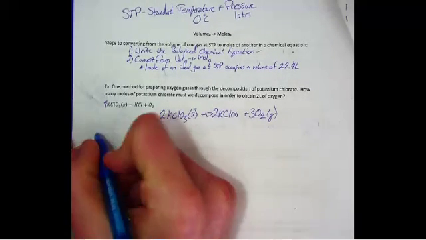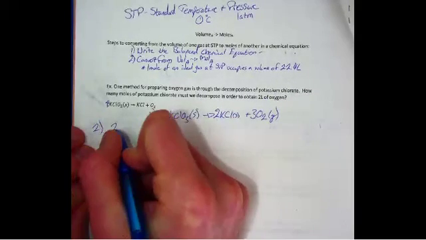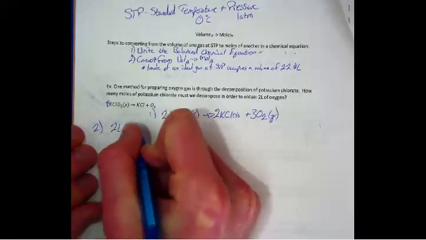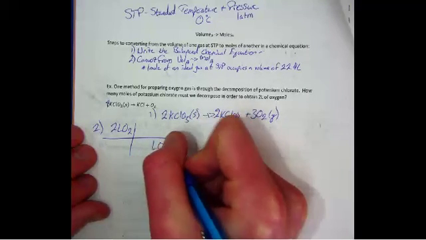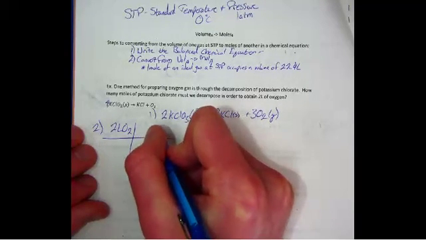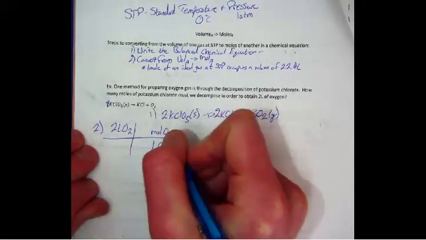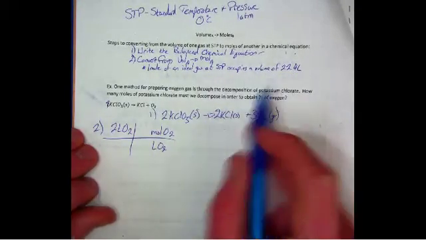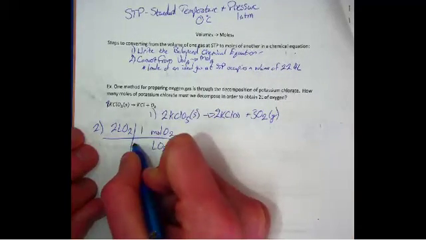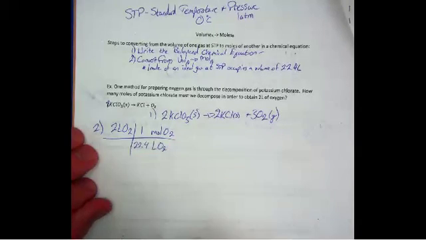So, step 2, if we're given 2 liters of oxygen, next our unit on the bottom right hand corner must be the exact same, so liters of O2, and we're going to convert to moles of O2. Now, from our conversion ratio right here, that means that 1 mole is going to occupy 22.4 liters.